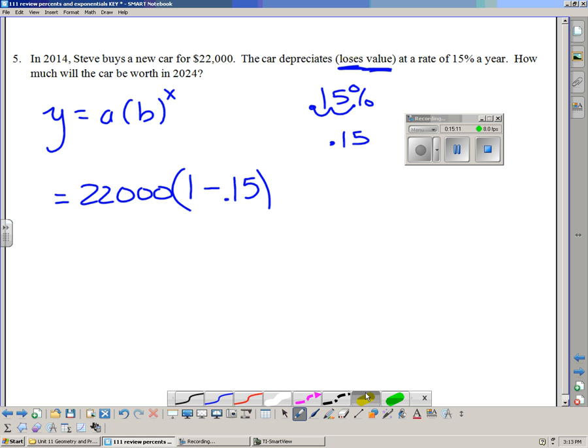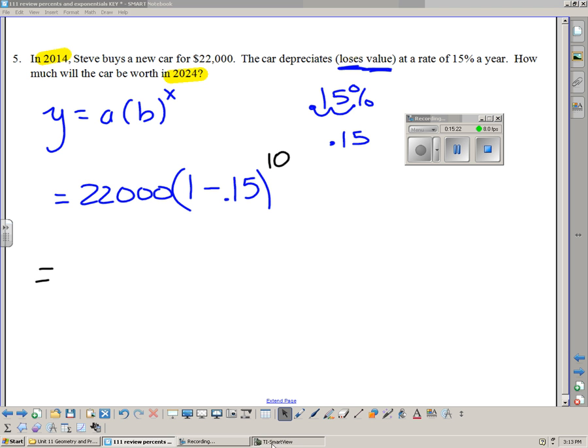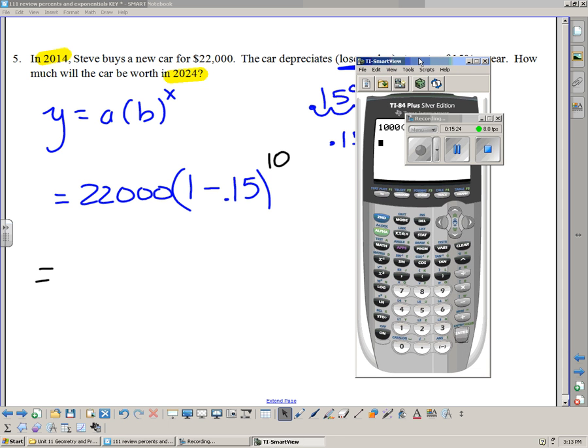Well, I went from 2014 to 2024. If you subtract them, that's going to give you 10 years. And we could type this directly into our calculator as is. So we have 22,000 parentheses 1 minus 0.15 raised to the 10th power.